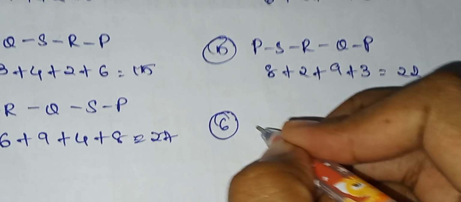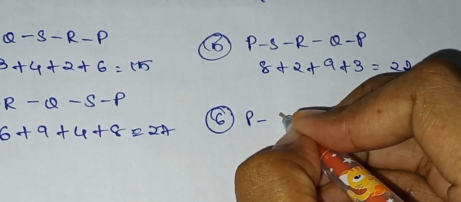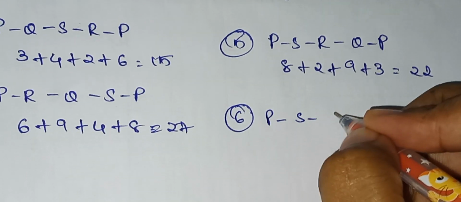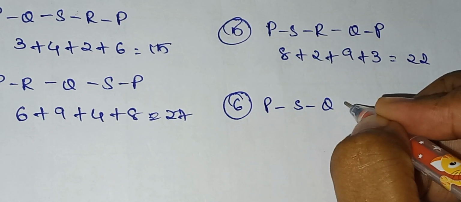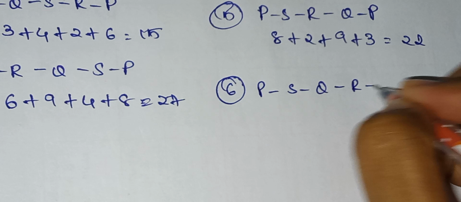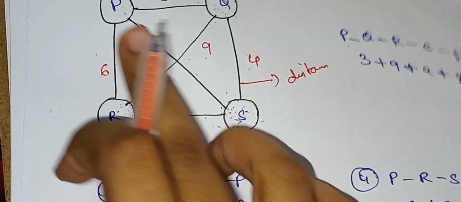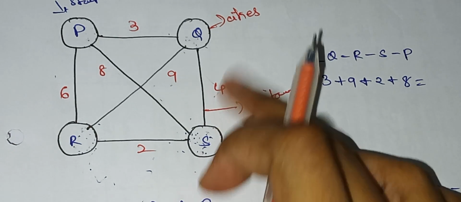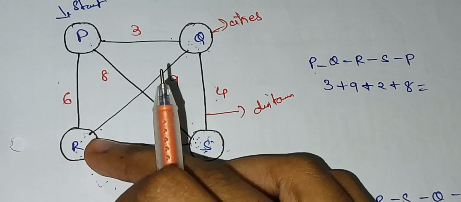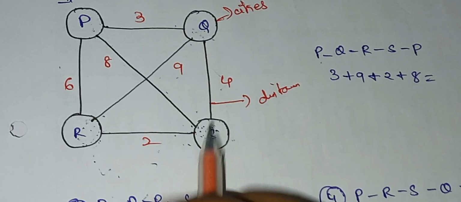So P2S, S2Q, Q2R, R2P. So this is what we have taken. Now let us consider the cost.